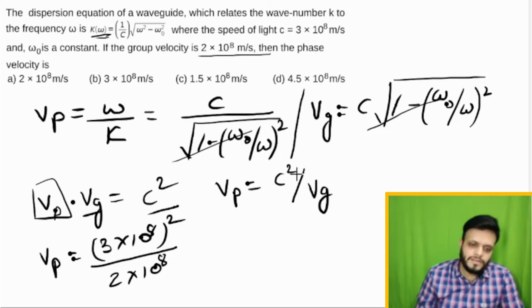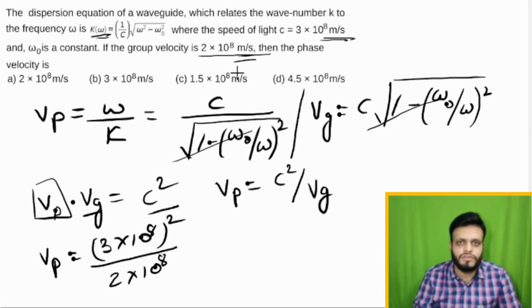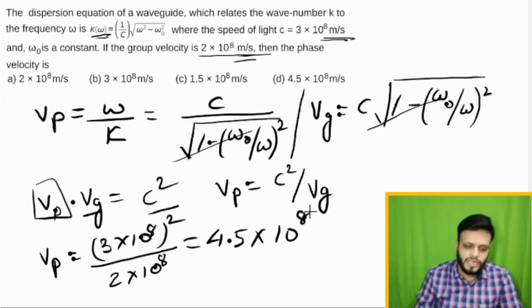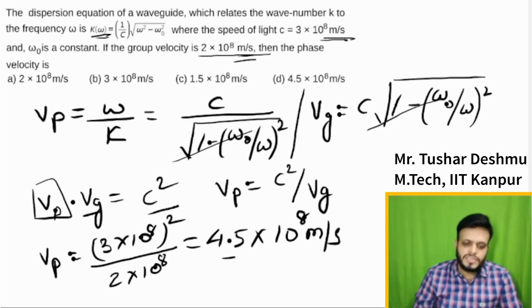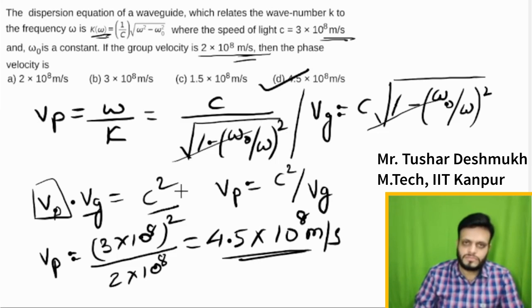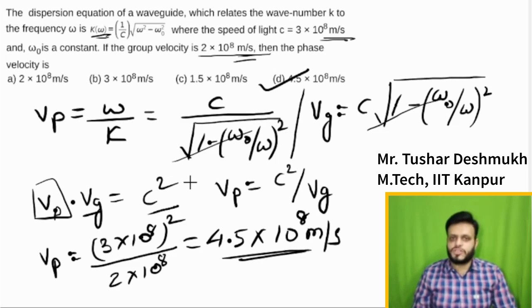Right now the velocity of light and the group velocity are both given in meters per second, so the units are consistent and there is no need to change anything. But if the units are not consistent, keep this in mind, make all the units consistent and then put in the values. After solving this, you will get the answer as 4.5 into 10 power 8 meters per second. This is your answer. Checking the options, D is the correct option.